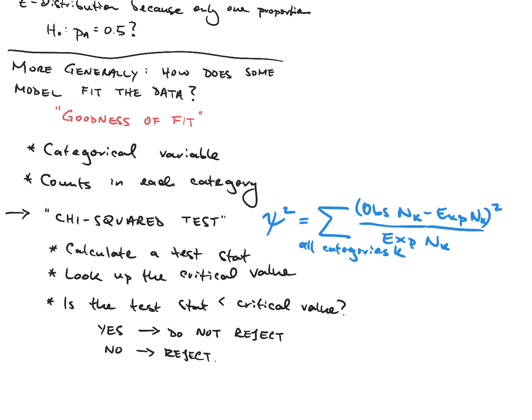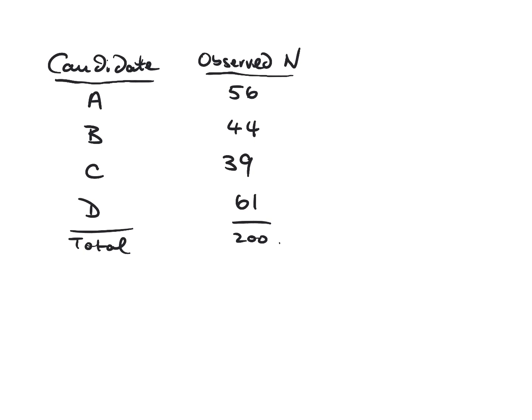All right, the example I just put up was something we could have done using the z-distribution. Here's something a little bit fancier where there are 4 candidates and the z-distribution is not going to work.